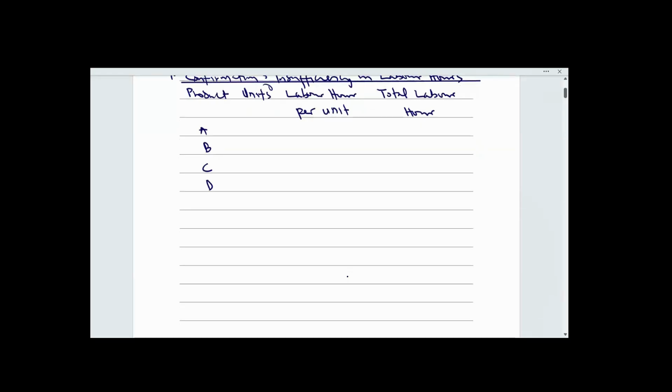Then we determine total labor hour for products A, B, C, and D. Then we have total required labor hours, then compare with the total available labor hours.